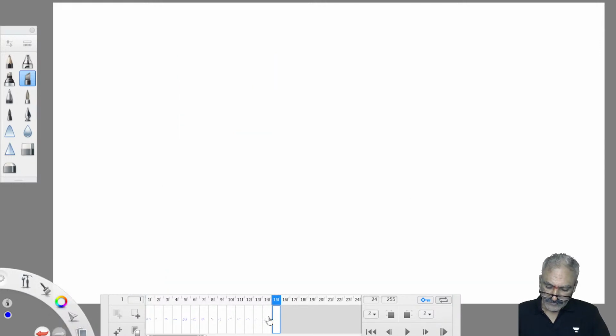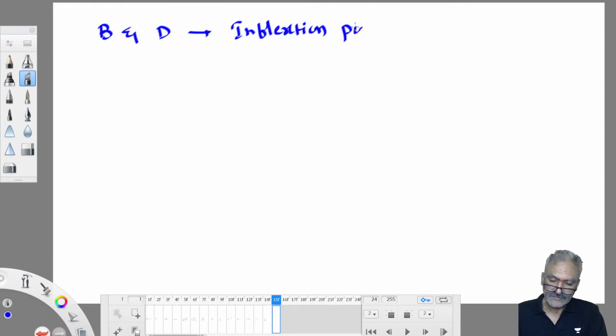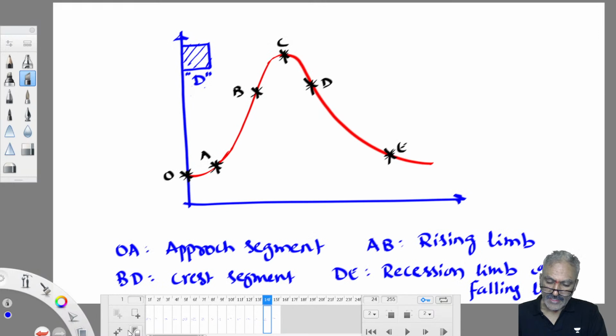Then those B and D points are called inflection points. B and D are known as inflection points where the slope of the curve changes. Okay. And the C portion is called the peak point, where peak discharge occurs in a catchment, a river.